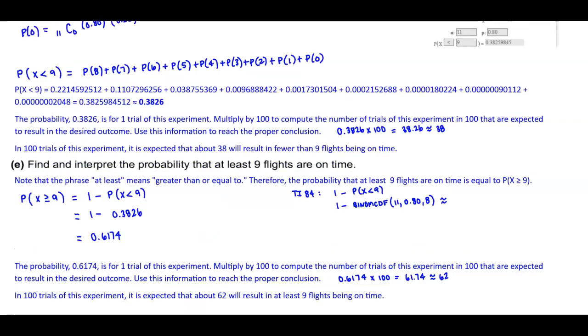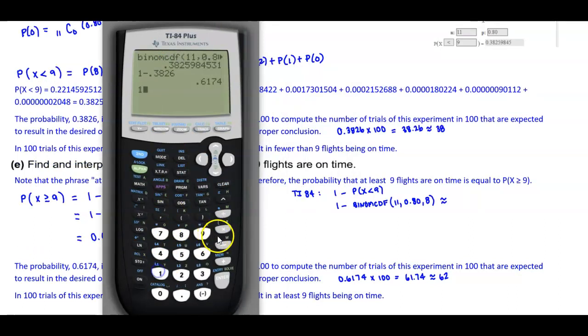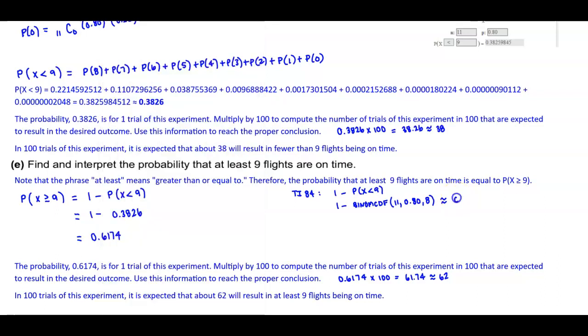So let's go ahead and do that. We take 1, subtract, then second distribution, binomial CDF. Number of trials 11, probability 0.80, x is 8, and then paste. We take 1 and subtract that result, and you can see that we get 0.6174.